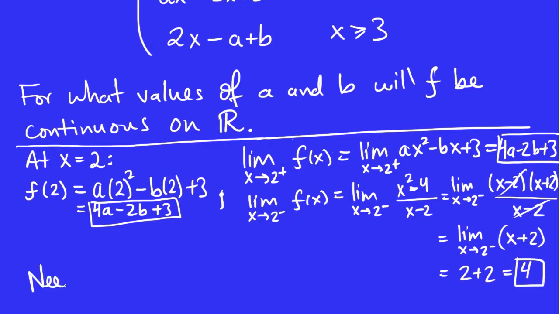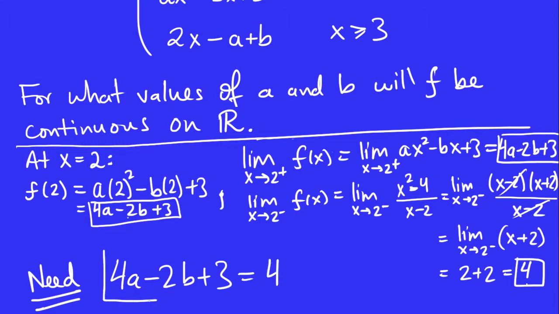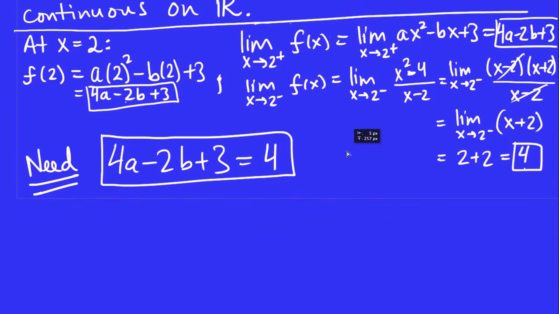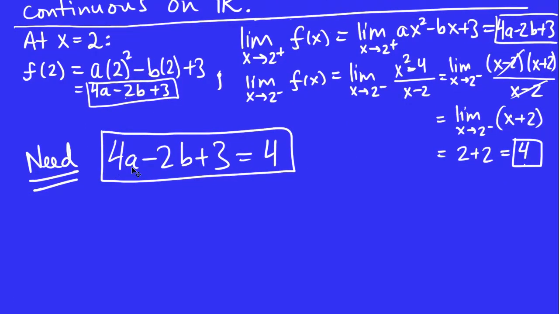So in order to be continuous at 2, we need these 3 quantities to be equal. Obviously, the 4a minus 2b plus 3 is the same on both. So we need basically 4a minus 2b plus 3 to be the same as 4. And as long as that's true, I'm guaranteed to be continuous at x equals 2. Now, this equation has 2 variables.